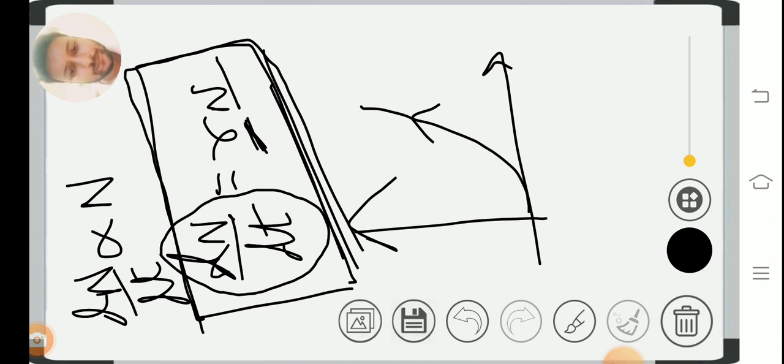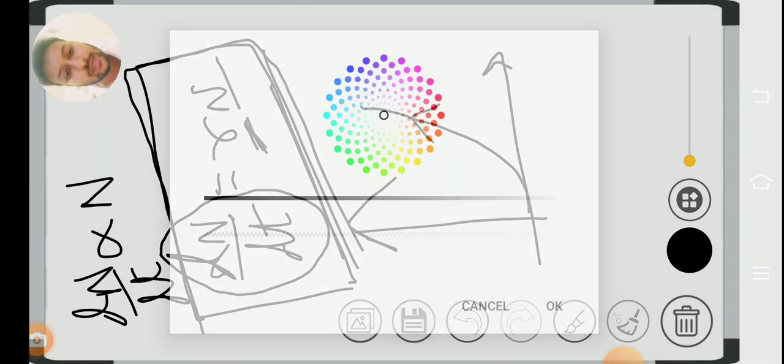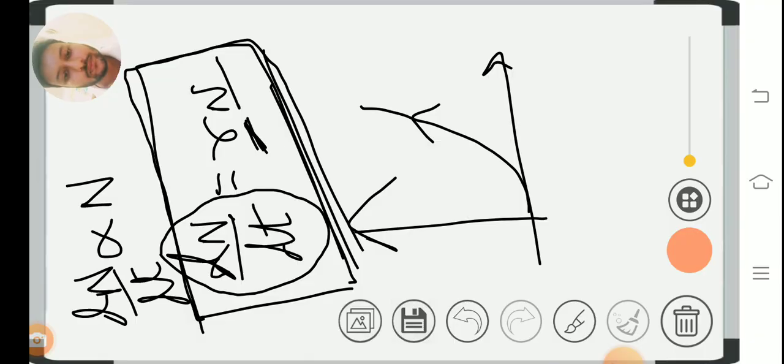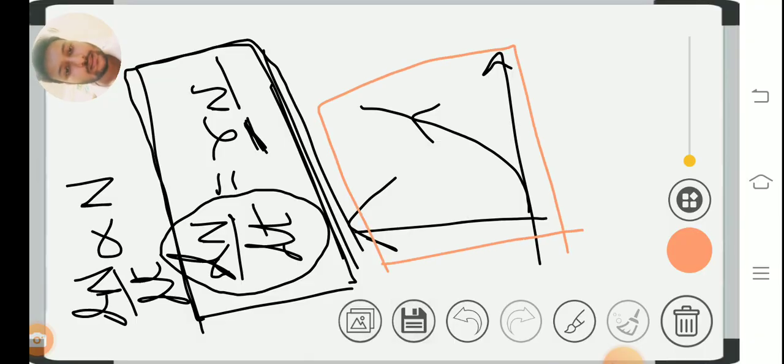Okay, so what to do? The NCERT doesn't cover how the exponential equation comes from this equation. So let us use some mathematics and physics to understand how this exponential curve comes from this very equation. Clear? Okay, let's see.